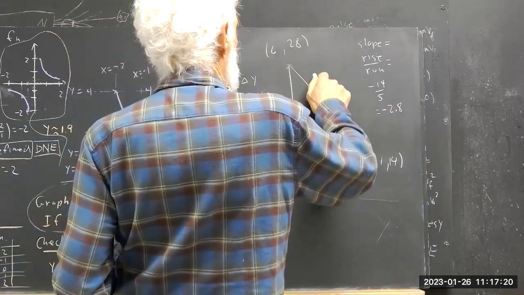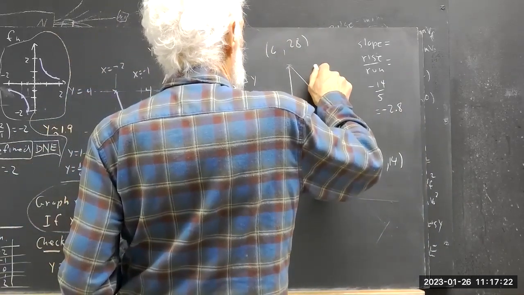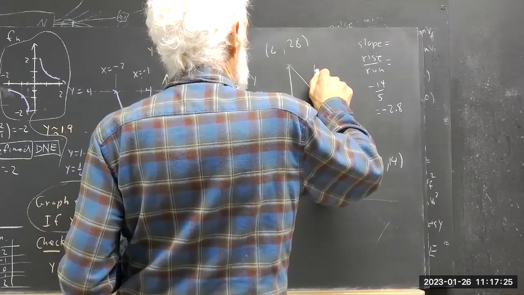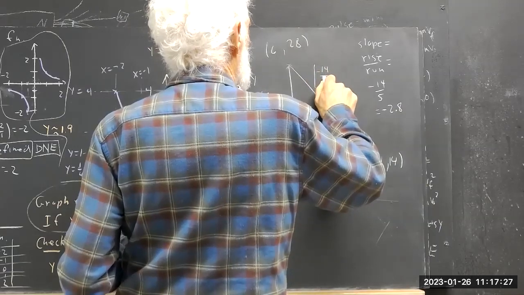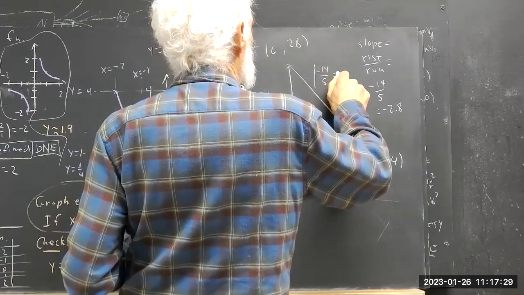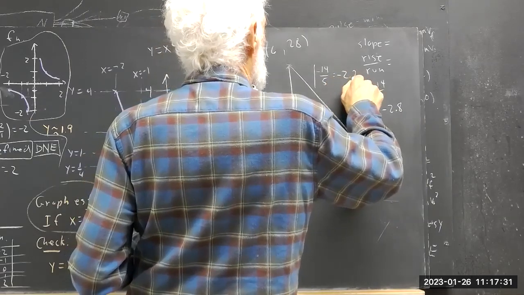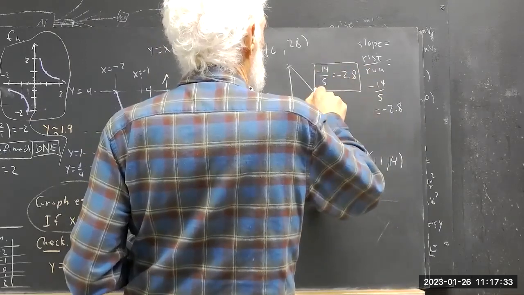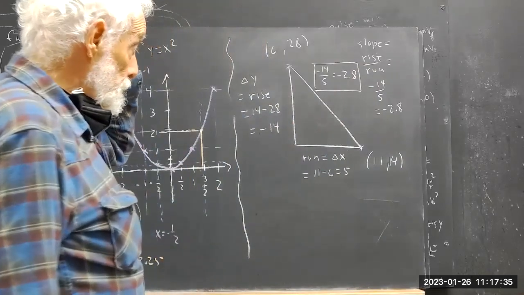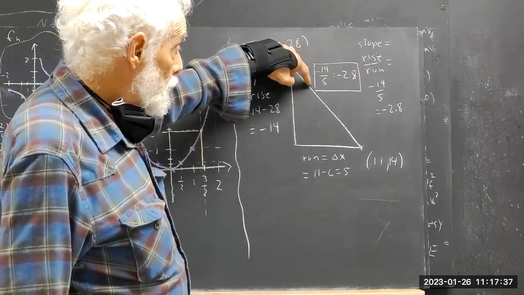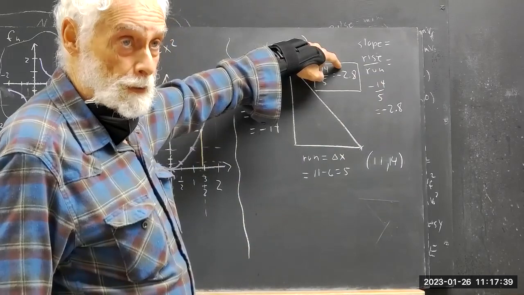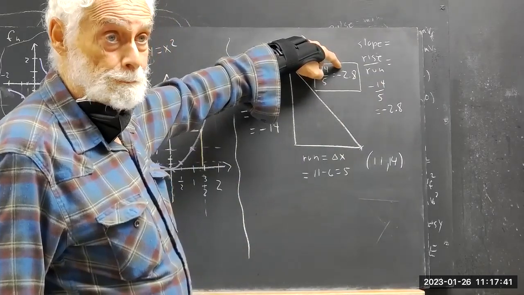So I could say, if I have room here, negative 14 over 5 equals negative 2.8. Now, either negative 14 over 5 or negative 2.8 would be okay if you don't have room.